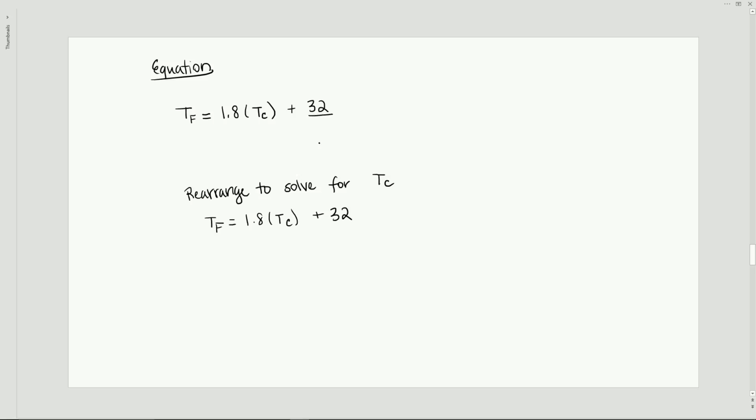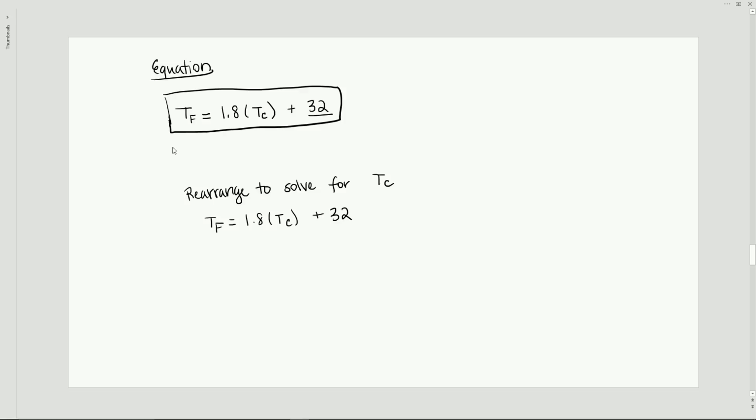So we have to add 32. This is our equation, and this would convert our temperature from Celsius. If we're given a temperature in Celsius, we can convert it to Fahrenheit using this equation.